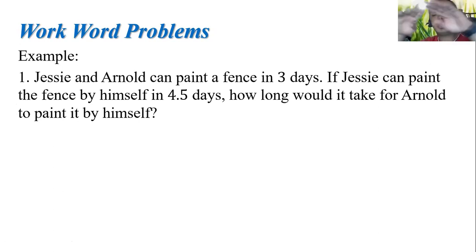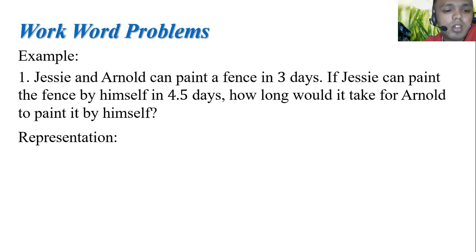In 3 days, they can paint the whole fence. If only Jesse paints that fence, it takes him 4.5 days. How long will it take for Arnold to paint it by himself? If Arnold alone paints the whole fence, how many days will it take him?